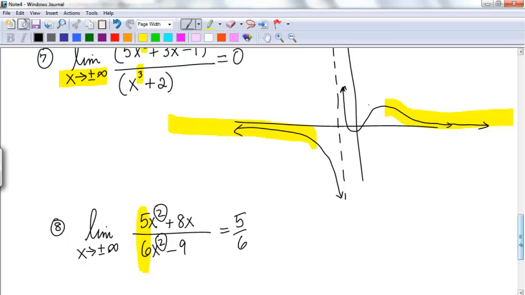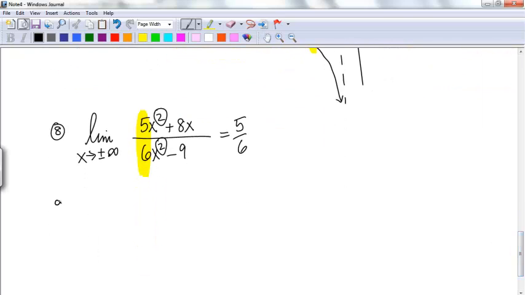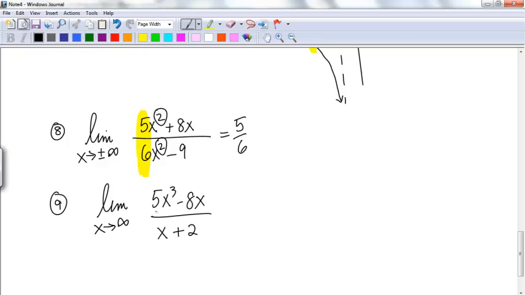Okay, and I always tell people, if you forget on the other two, let's say I did the limit of 5x to the third minus 8x over x plus 2 as x goes to positive or negative infinity. If you forget, is this infinity or is this 0?